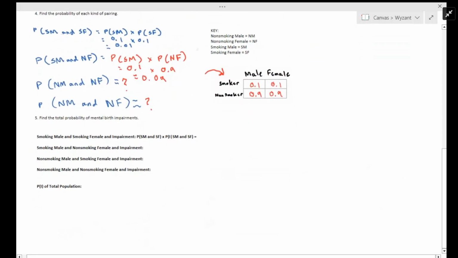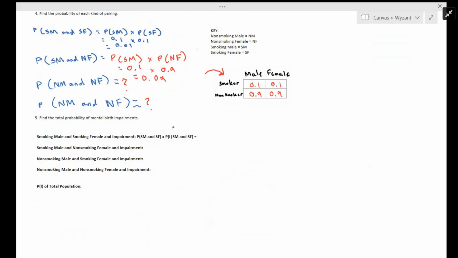Finally, we'll find the total probability of mental birth impairments. So to find the probability of a smoking male and smoking female and impairment based on that, as I wrote, probability of smoking male and smoking female times the probability of impairment given that there's a smoking male and smoking female. It's a lot, but that would be the notation.